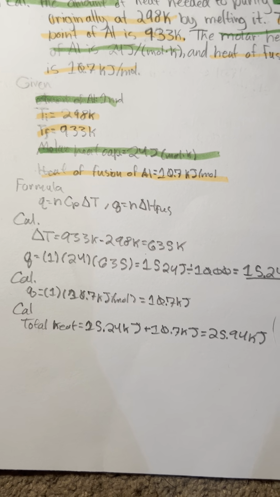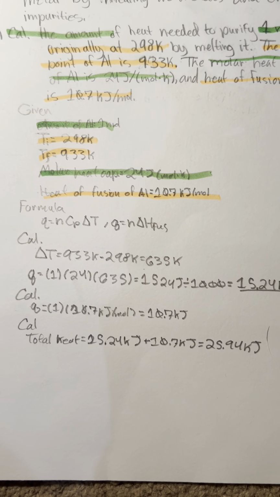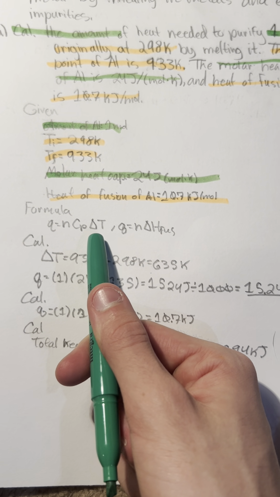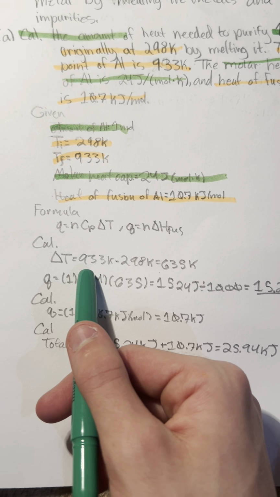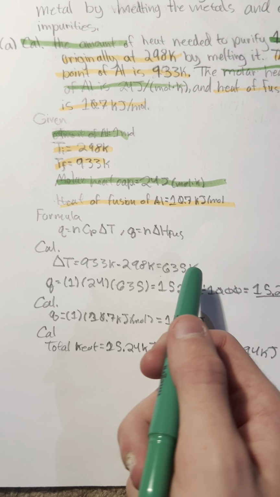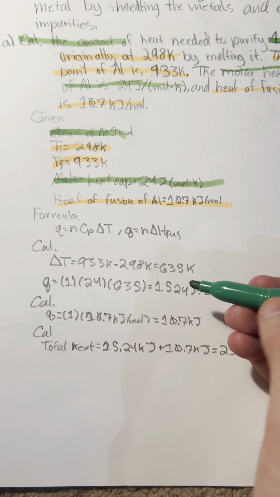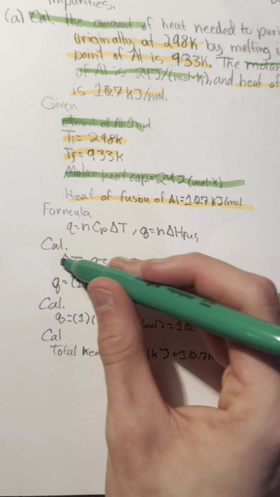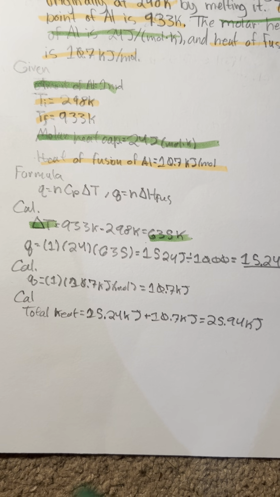So the first thing we need to find is our missing values. We don't have delta T. Delta T is just the change in T, so you need to get that.